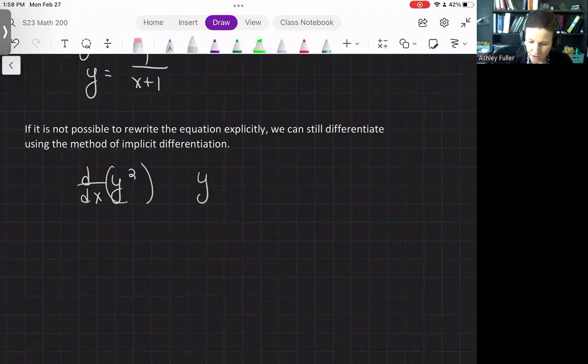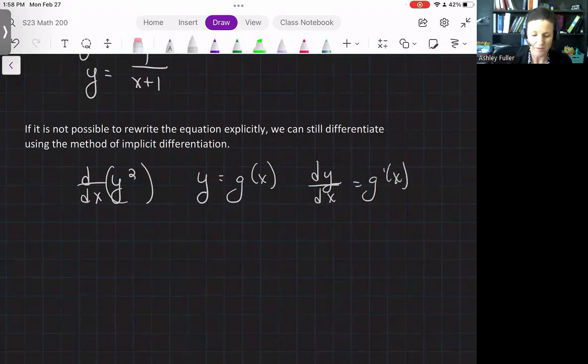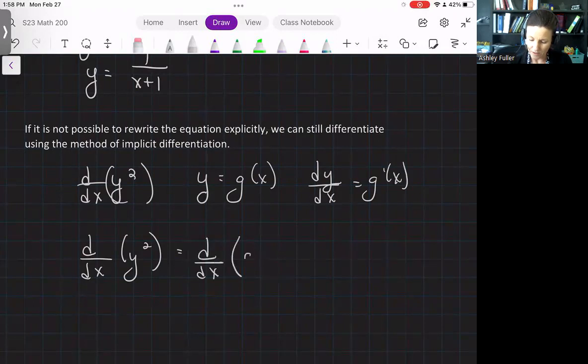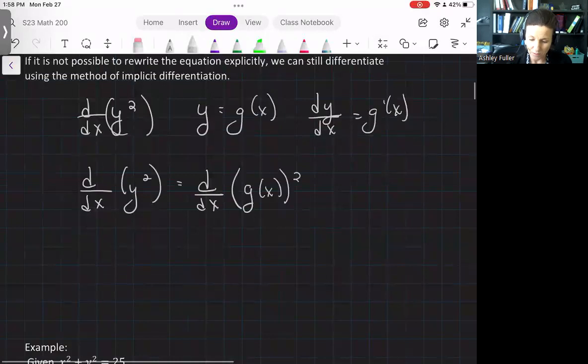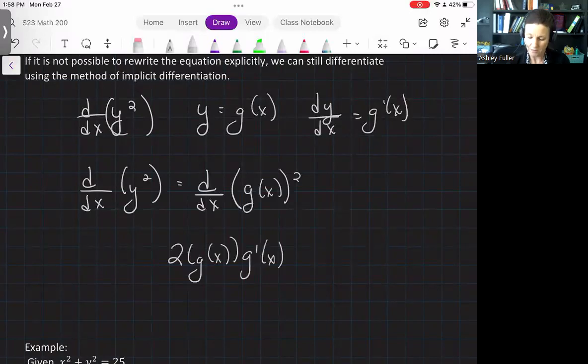We can denote y as a function g of x, and therefore dy over dx is simply g prime of x. So if I want to find the derivative with respect to x of y squared, notice what I'm really doing here is I'm finding the derivative of g of x squared. And using our power rule, we know that to find the derivative there, I'm going to do 2 times g of x times g prime of x.